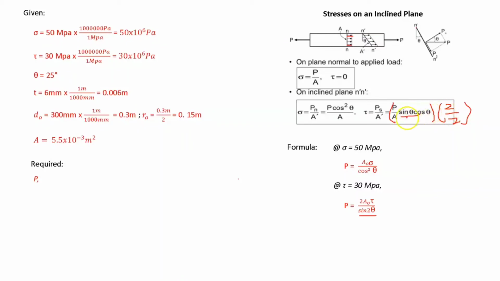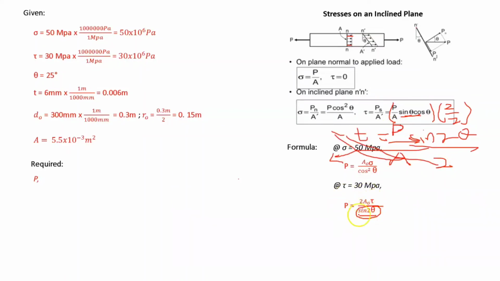We know that 2 sine theta cos theta is equal to sine 2 theta. So we will get sine 2 theta over 2A. Now we solve it for P, and this will arrive at this answer.